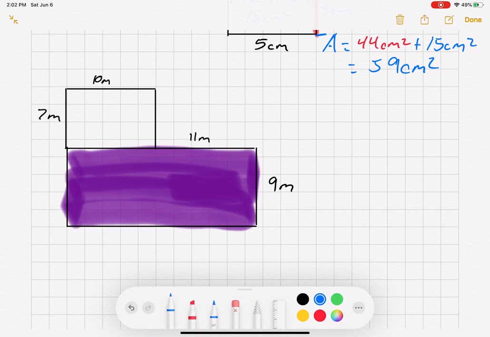Okay, so I have my purple section, and I have my other section. If this is 10 meters now, and this is 11 meters, do you think this is 11 meters for the whole thing or just this part?